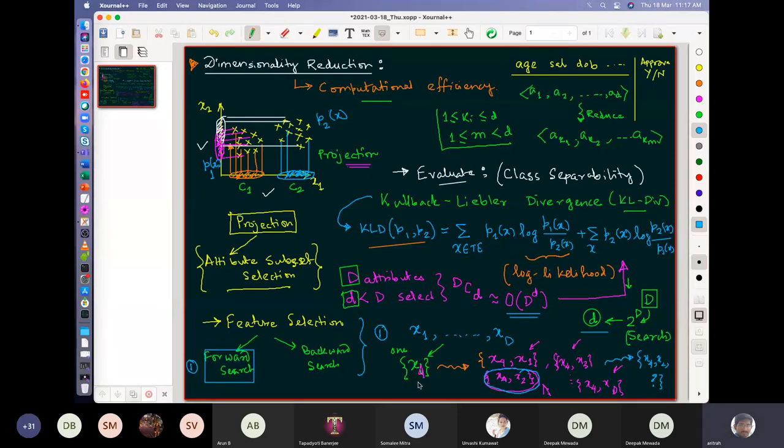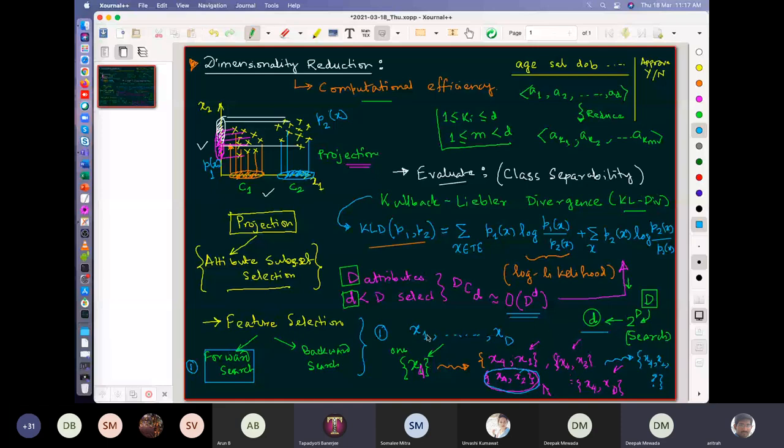Can you tell me how many computations are done here? Earlier, if I just went by D choose d attribute selection, every time it's on the order of D to the power d KL divergence calls I need to make. Here, how many KL divergence calls? Small d to the power small d?